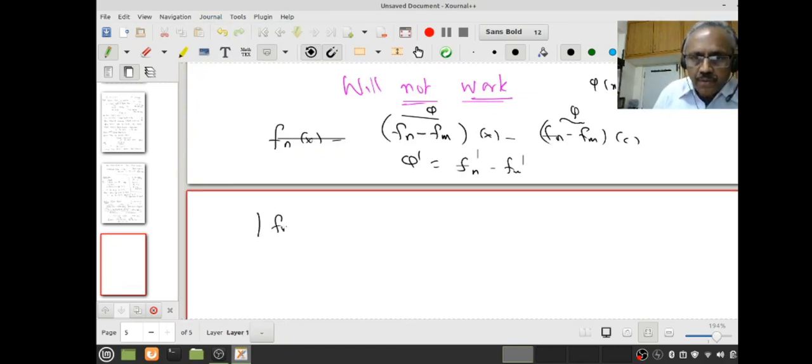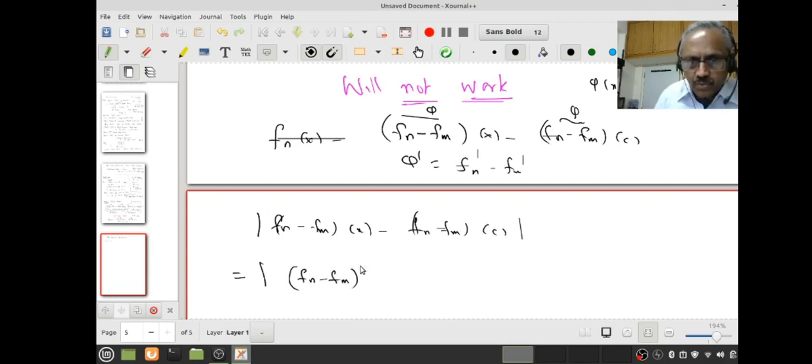So (fn minus fm) at x minus (fn minus fm) at c. Now this is a differentiable function, right? And therefore by mean value theorem, this is equal to modulus of (fn minus fm) dash at some point xi. This xi of course will depend upon n, m and x, right, into x minus c.